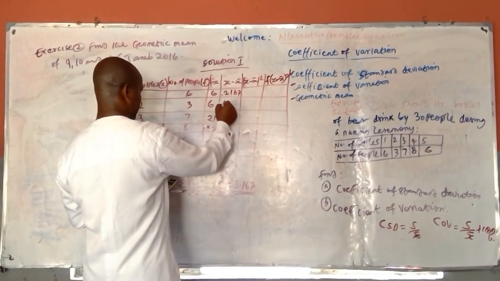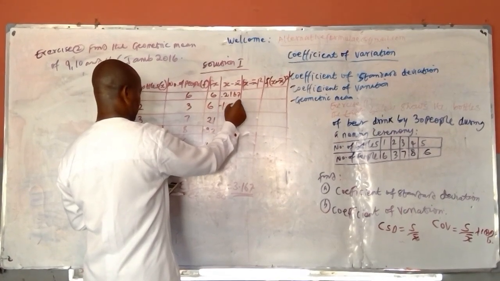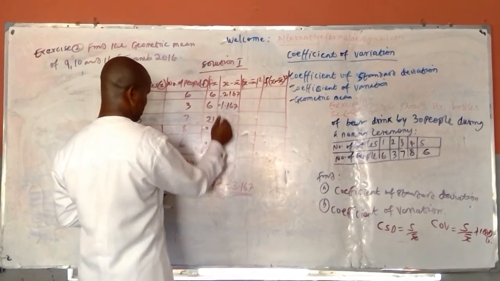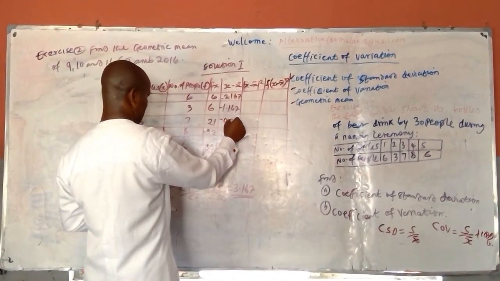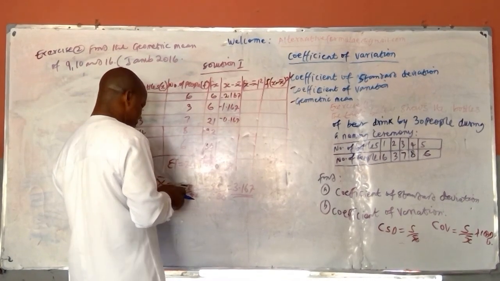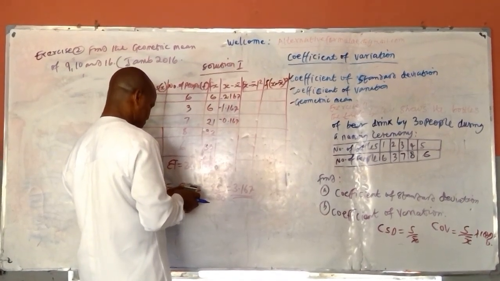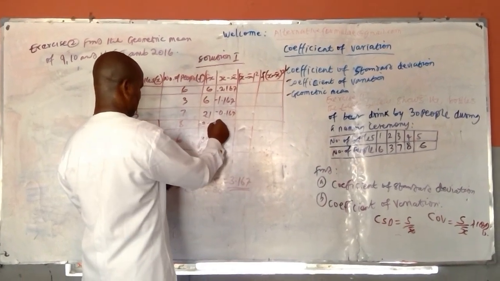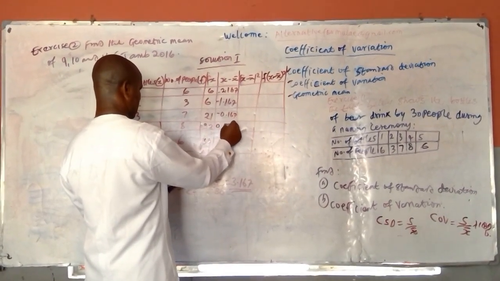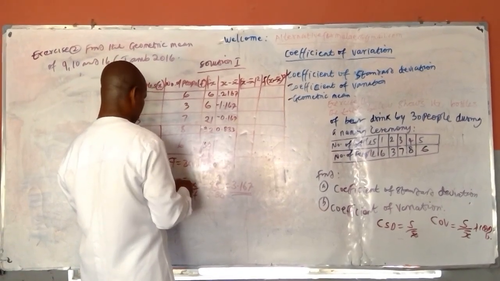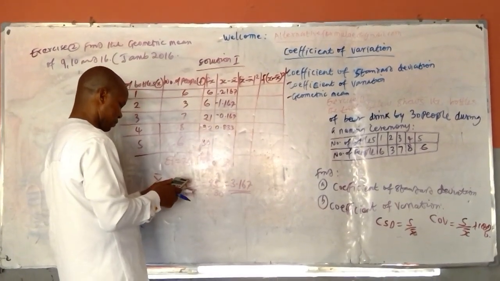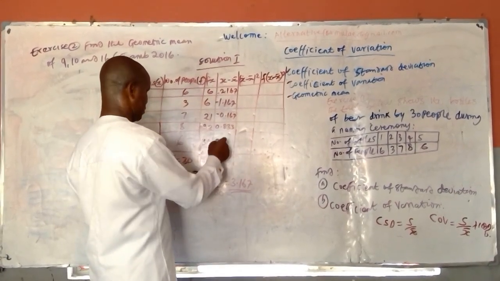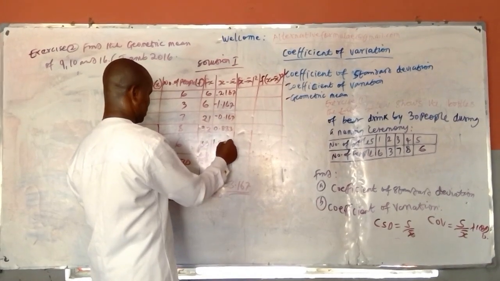If you subtract again, 2 minus 3.167, you have minus 1.167. 3 minus 3.167 gives you minus 0.167. 4 minus 3.167 gives you 0.833. Next, 5 minus 3.167, you have 1.833.